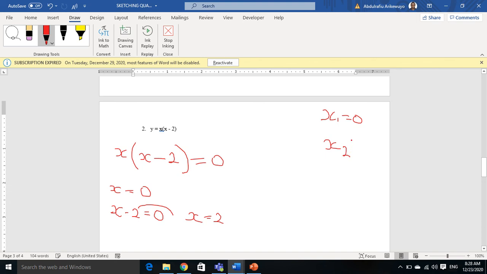So we have gotten the two values. So the next thing we do, as you can guess, is to find the vertex.